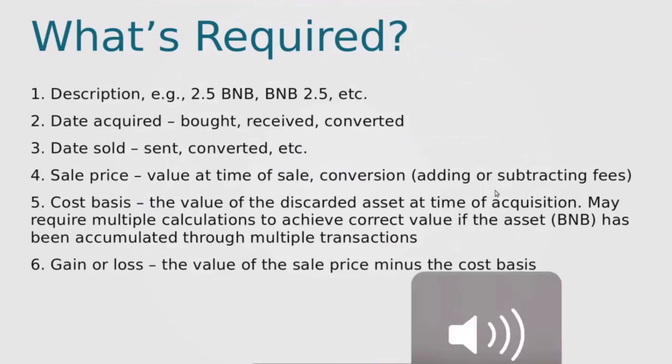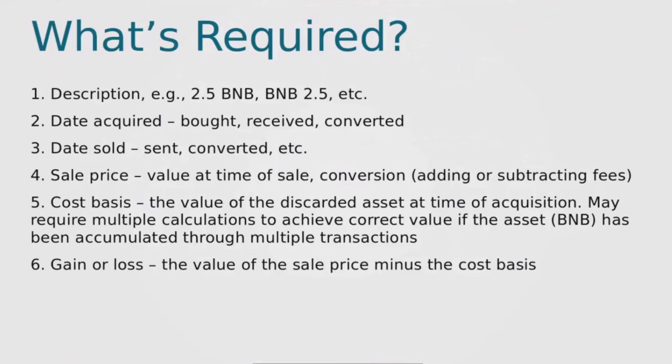So the cost basis is kind of the trickiest thing here. It's the value of what you're discarding at the time of acquisition. And what's tricky is that we accumulate BNB through various swaps, and I'm going to get into a lot of nuance on this. But one BNB has different cost bases if it's accumulated from multiple swaps.